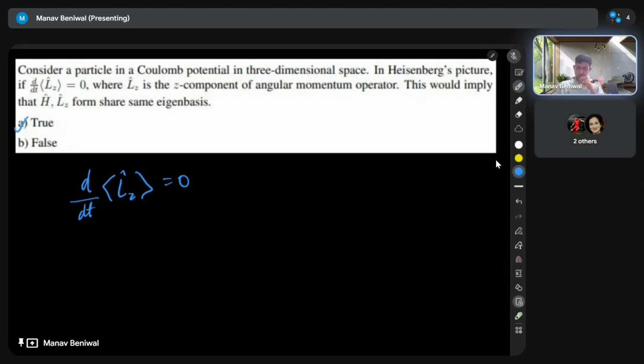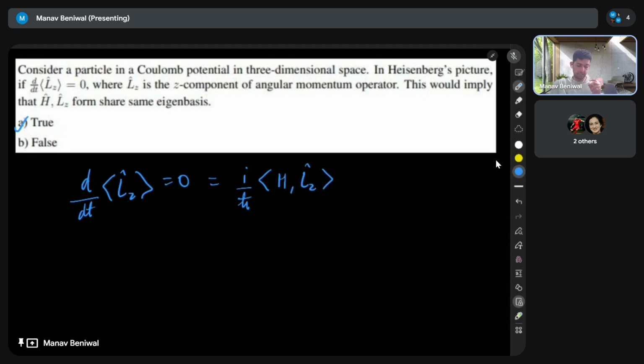This is true because we know the equation of motion. So this d by dt of Lz, we can write as iota by h cut, and then H comma Lz.